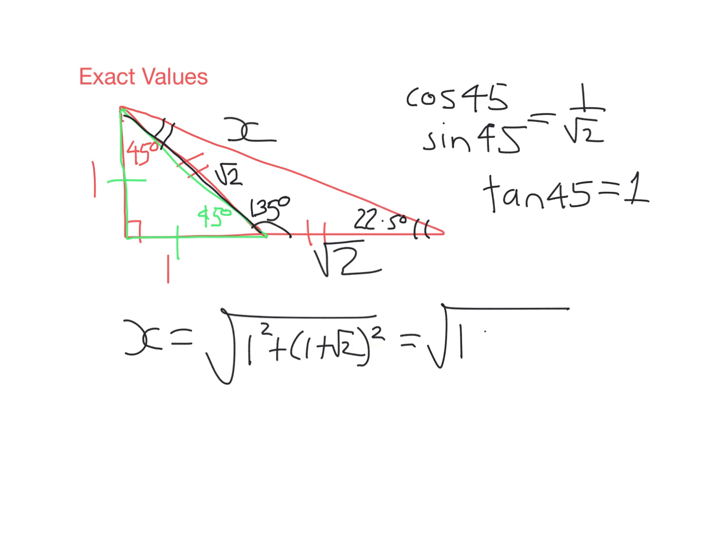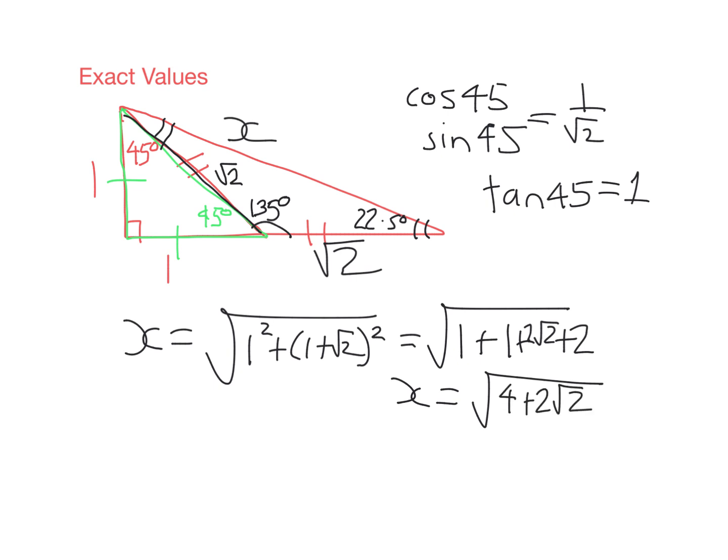The quick way to expand the bracket is square the first, square the second, so root 2 squared is 2, and in the middle goes 2 times the product of these two terms. So it will be 2 root 2. So x here must actually be the square root. Now we've got 1 plus 1 plus 2 is 4. The square root of 4 plus 2 root 2.